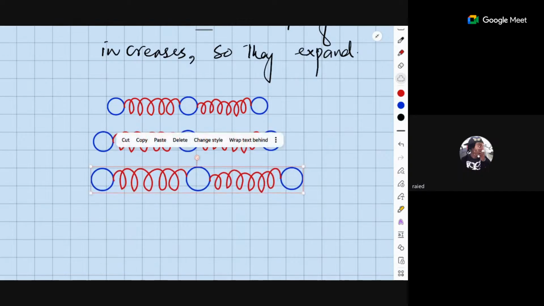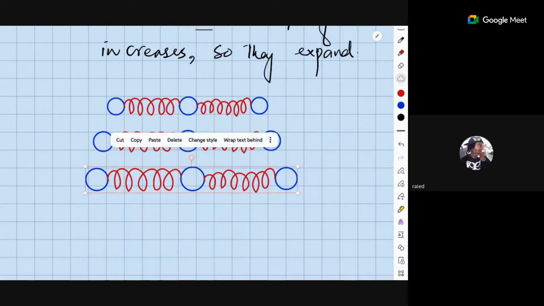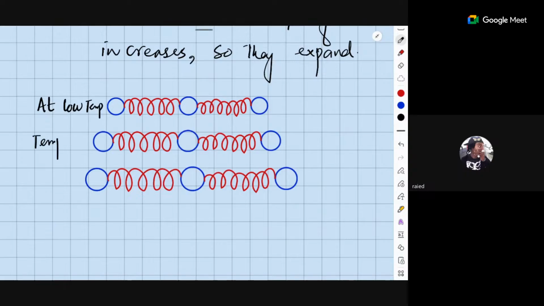So in this way, the molecules expand and expand and expand. So is this clear to you all? These are the atoms. So I have just shown you a simple mechanism of atoms. This is at lower temperature, and this is when the temperature is increased, this is high temperature. You got the point?